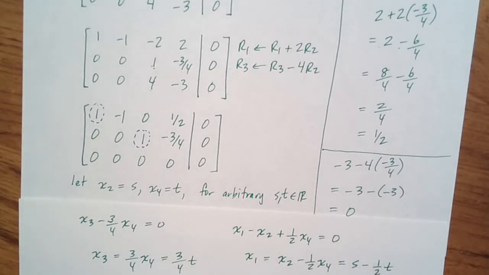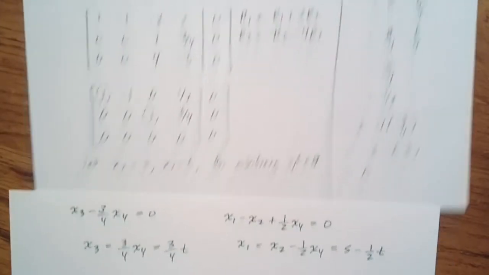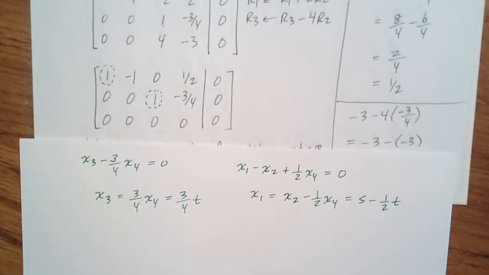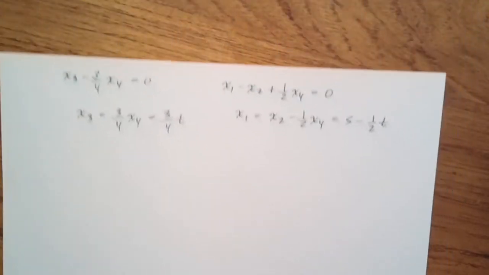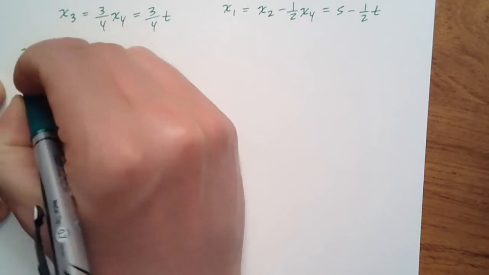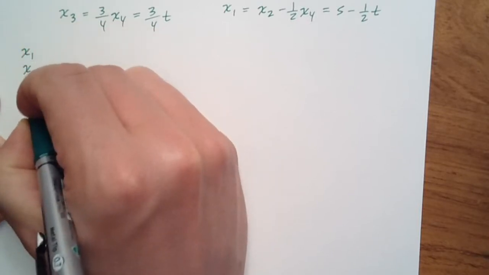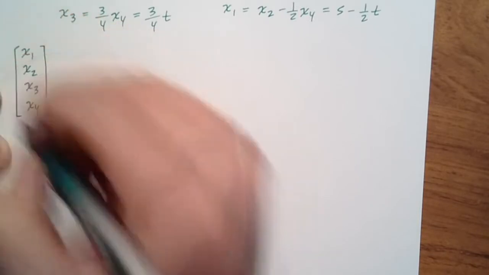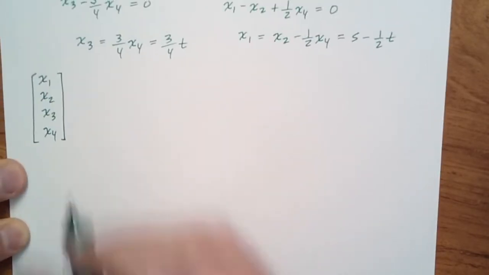Okay, so almost ran off the screen there. So those are our variables. Let's write the solution in column form. So we'll stack these variables on top of each other, x1, x2, x3, x4. Let's write all the values down.